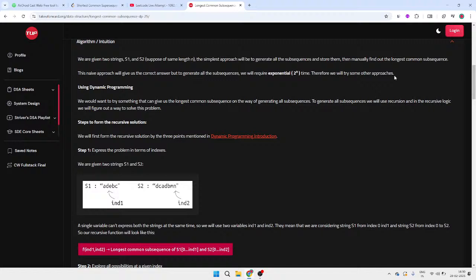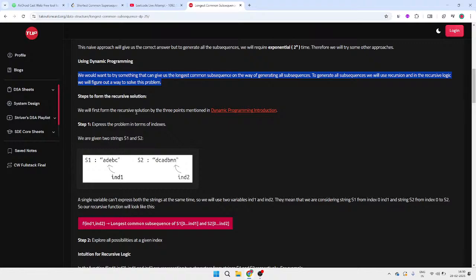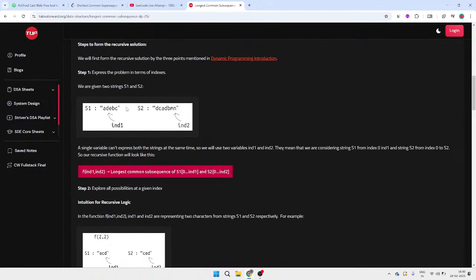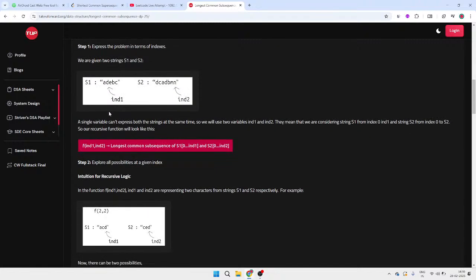This is how I started as well. We would want to try something that gives us the longest common subsequence. First build the recursive solution and then do that. Cool.